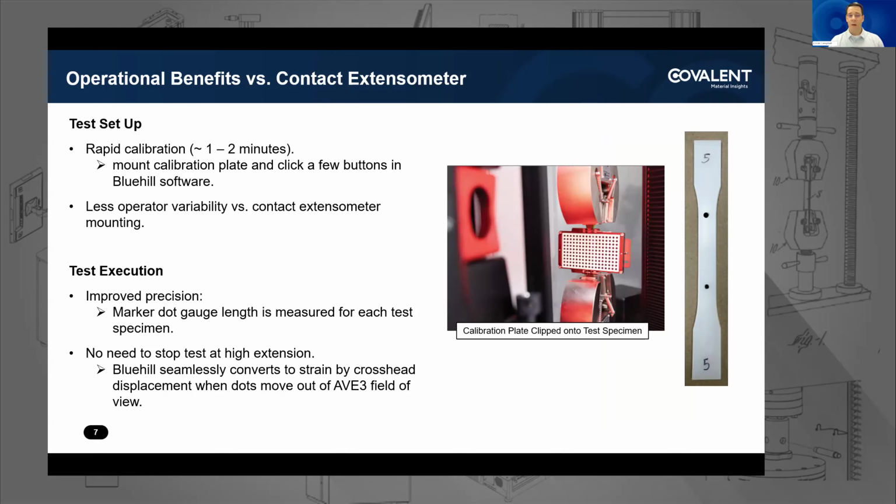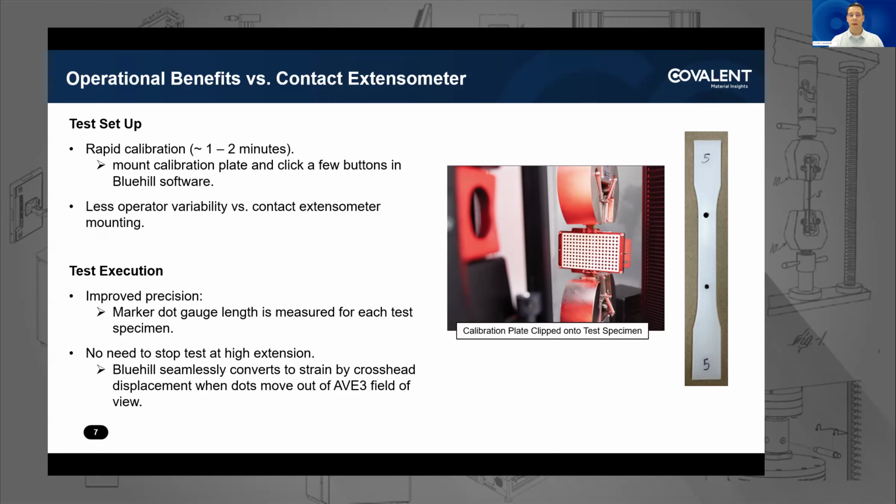The benefits start immediately with setting up the test. The calibration of this instrument is very rapid, just a minute or two. Basically, you mount a calibration plate, shown in the image. It's just an array of dots on a surface that you put in the load string and click a few buttons on Blue Hill, and the instrument calibrates itself.